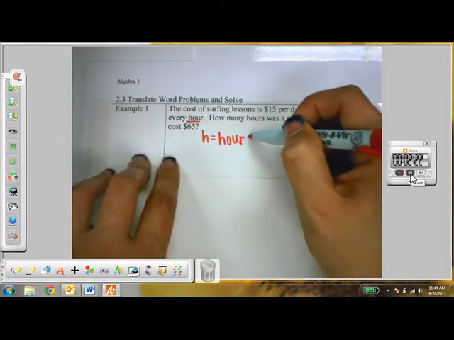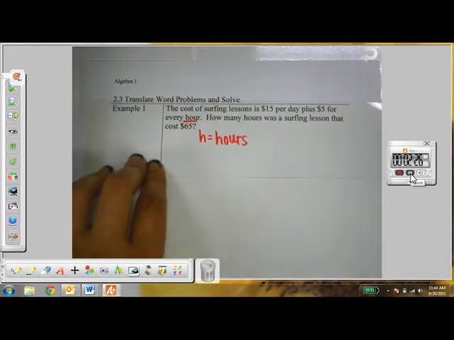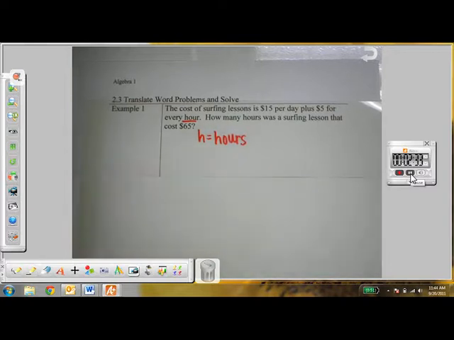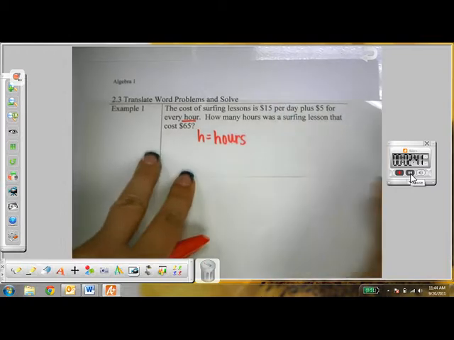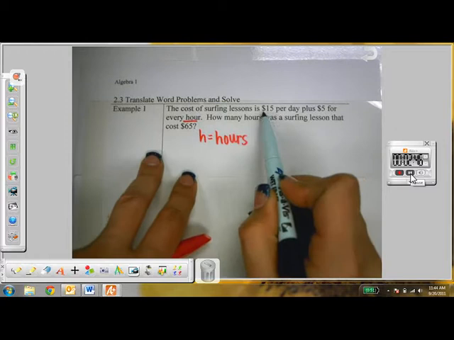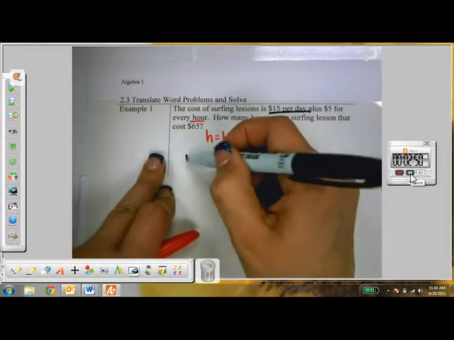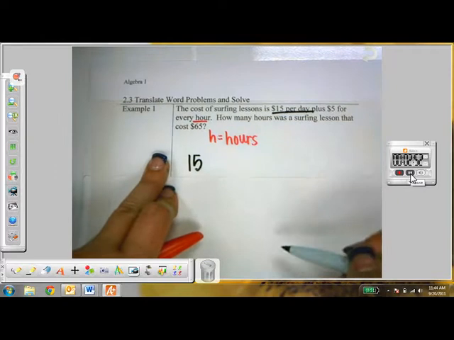We always need to define that variable and say, here's the variable I'm using, this is what it stands for. Then we write out our equation. No matter how many hours you spend at your surfing lesson, you're still going to pay $15 for the day. That's our initial startup cost, $15.